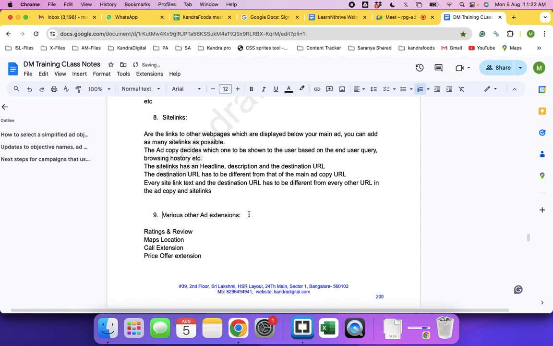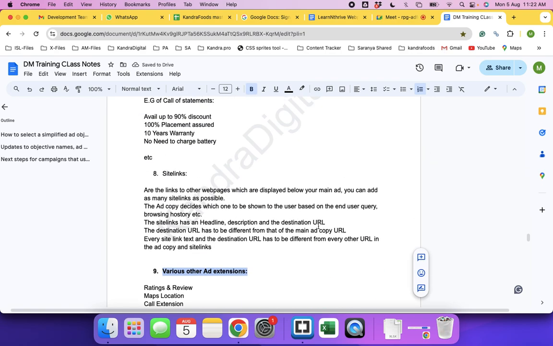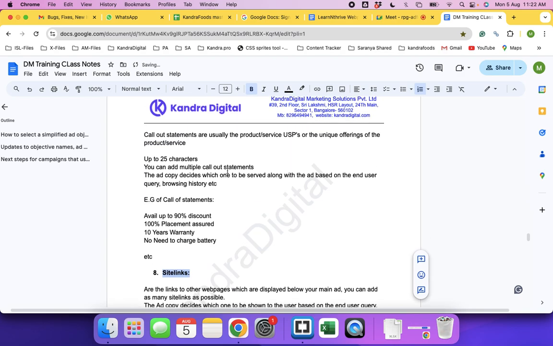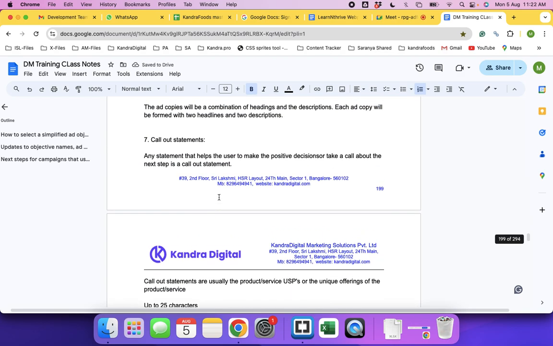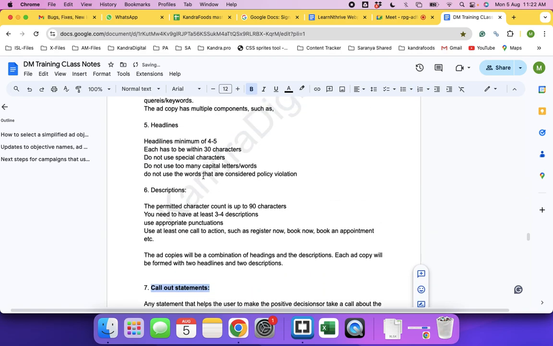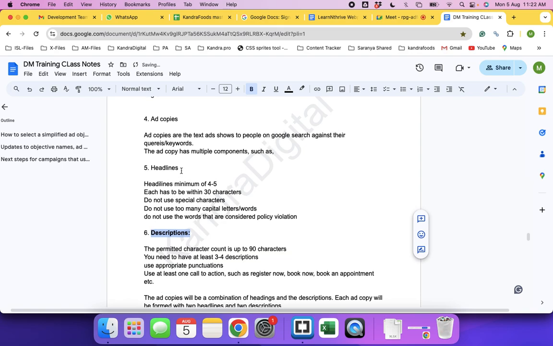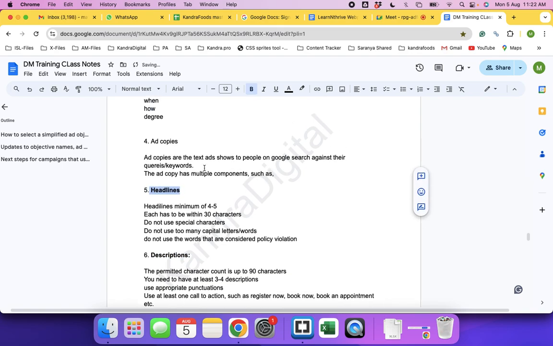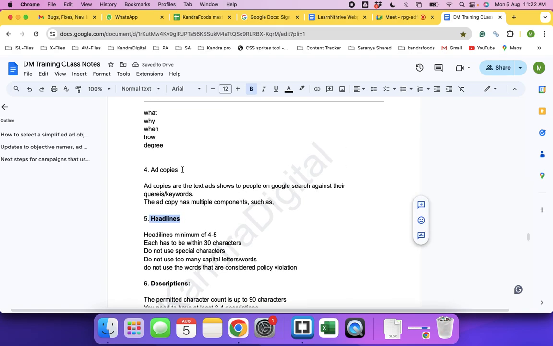Okay, page number 200. If you would like to launch a search campaign, you can go through all of these things once. Okay, the final outcome I'll show you how it looks like.